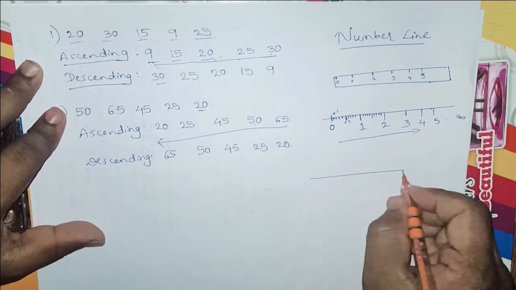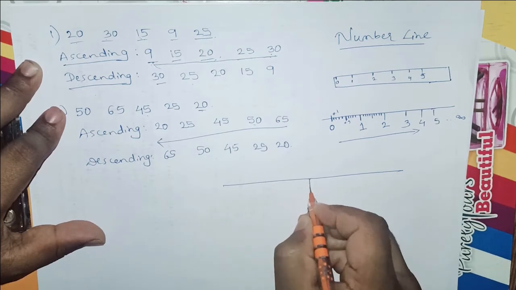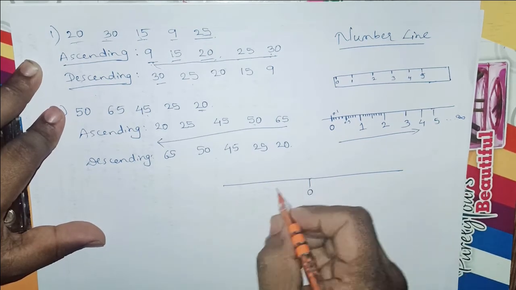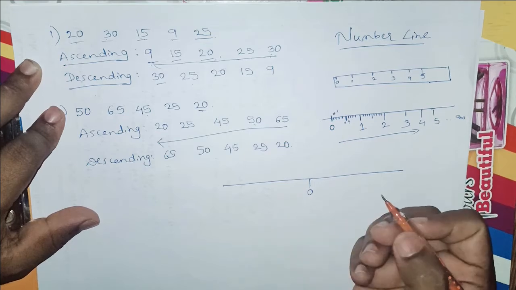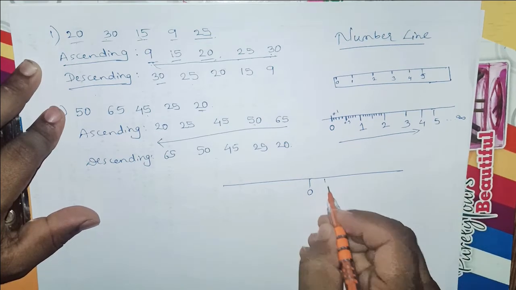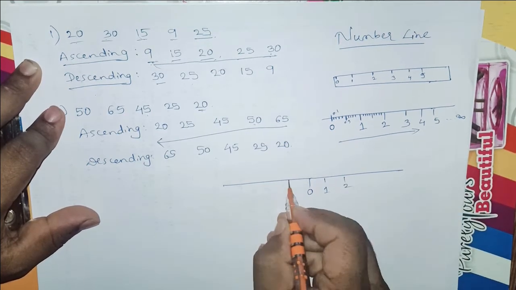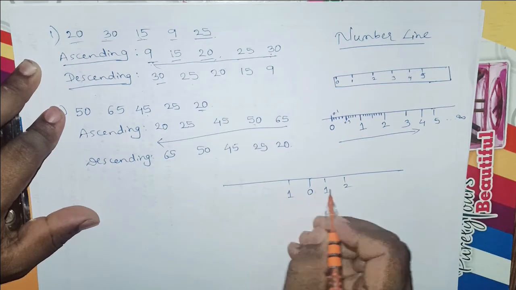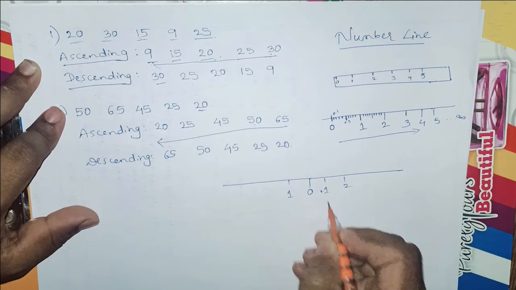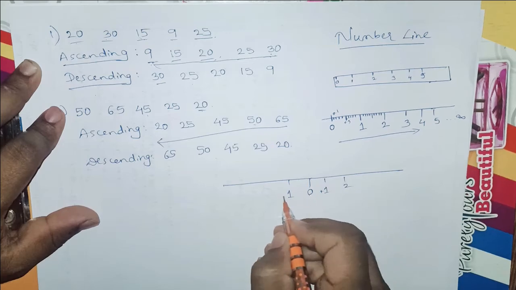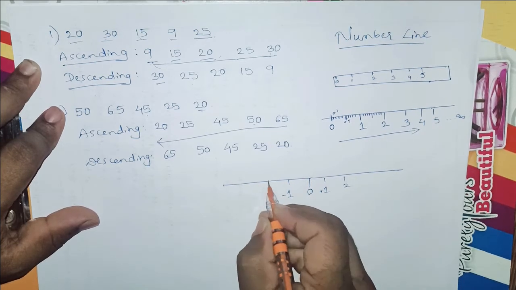If you consider the left side of 0, the same numbers will be represented in negative form. Whatever numbers you see, the same numbers will be there with the opposite sign. Here, where nothing is written, plus is understood, so the opposite of plus will be minus.